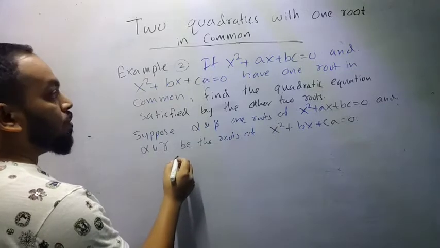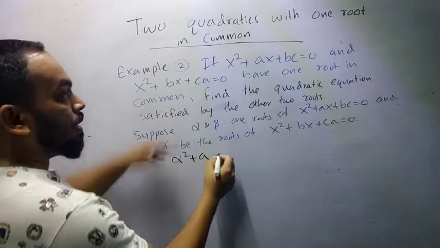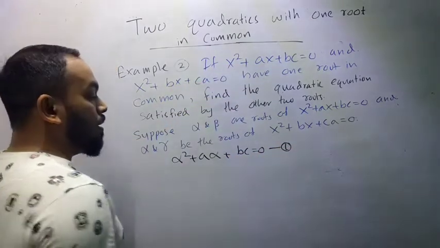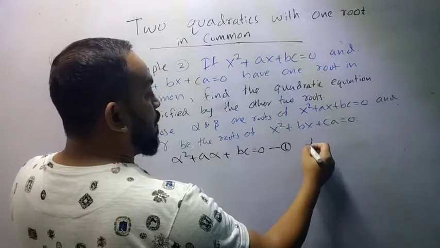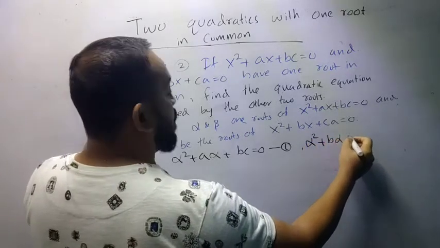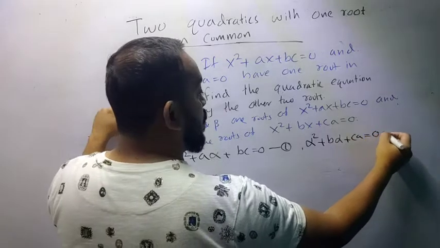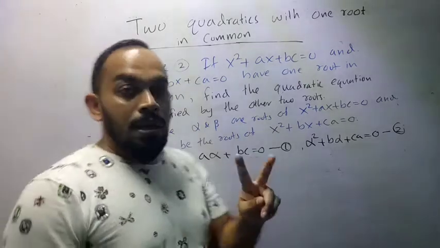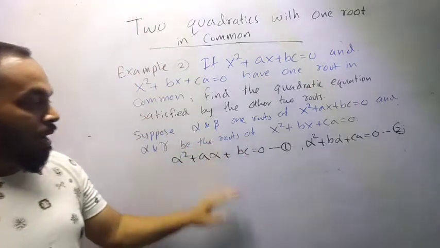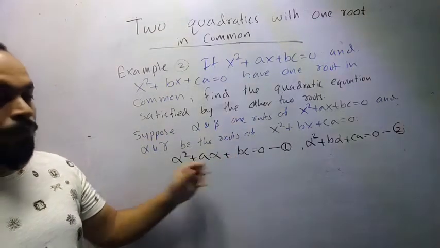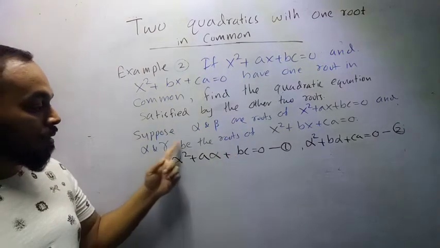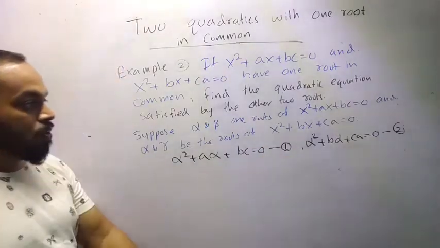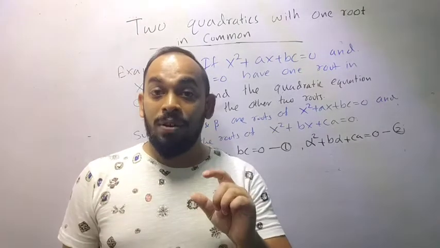Since alpha is a root, we can write alpha squared plus a alpha plus bc equals 0, equation 1. Then alpha squared plus b alpha plus ca equals 0, equation 2. Now here we saw that there are two methods available. We can get rid of alpha terms and find alpha squared, or we can get rid of alpha squared terms and find alpha. Now you know that in order to find the other two roots, we need alpha, not alpha squared.